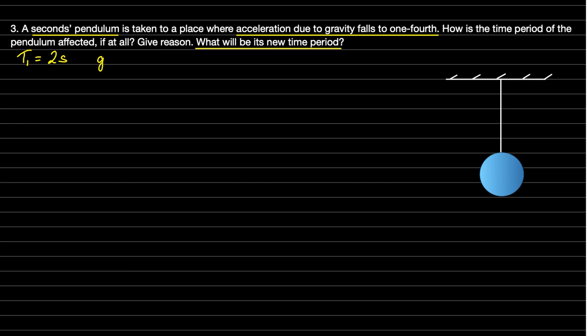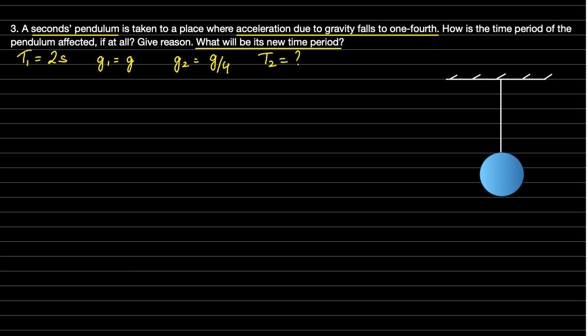Acceleration due to gravity for the first case, we consider as small g. For the second case, acceleration due to gravity reduces by 4 times, that means it becomes g divided by 4. We need to find the new time period, that means T2 is equal to question mark.